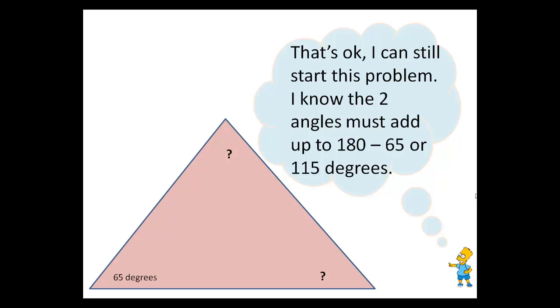He knows that the two angles must add up to 180 minus the 65, or 115 degrees. Bart knows that all three angles must equal 180, so the two unknowns must equal 180 minus the 65 that he sees, 115.